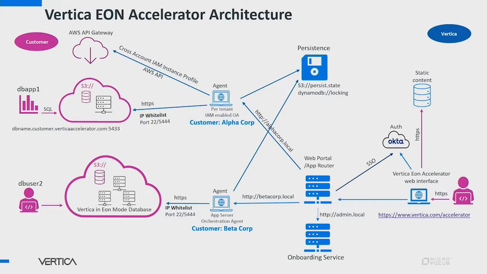There are different agents for Alpha Corp and Beta Corp, which are two customers, and the agents manage them independently, so there is single tenancy there. And finally, on the left-hand side, a user can connect to the database directly. We do not proxy that connection, to ensure that the performance and latency you are accustomed to when using Vertica is maintained.